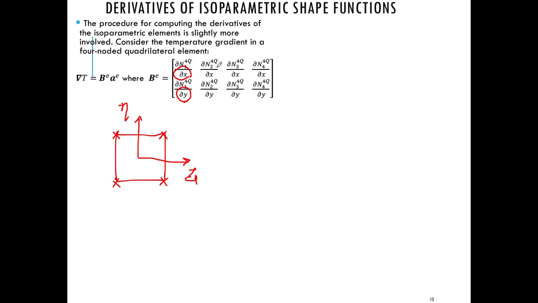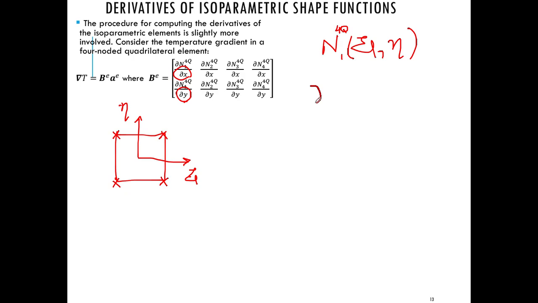Now, recall that we know what our shape functions are in terms of psi and eta. Let's say I'm talking about my N1 for this 4Q. I already know what this expression is; you can see it two or three slides before. So it's very easy for me to find the derivative of this shape function with respect to either psi or eta.